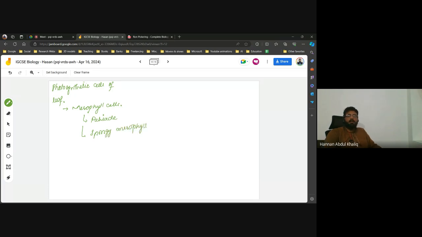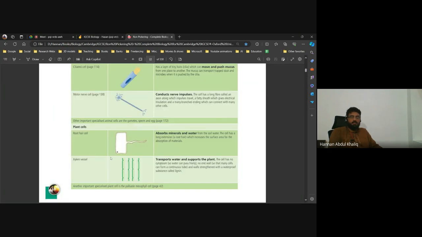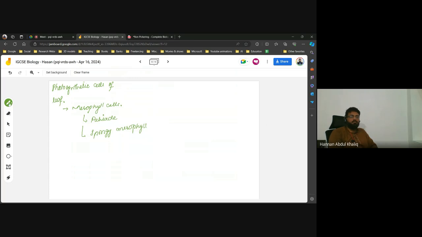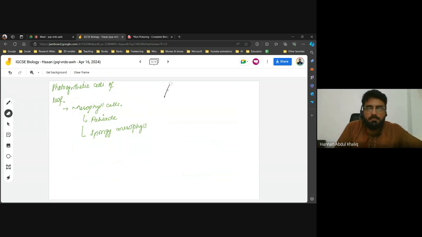About the palisade mesophyll, they are referring here. This is the particular palisade mesophyll. So the palisade mesophyll, they look like this.